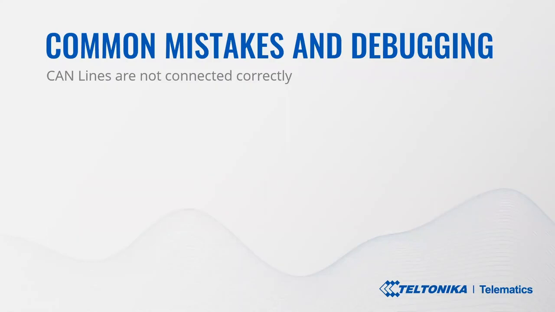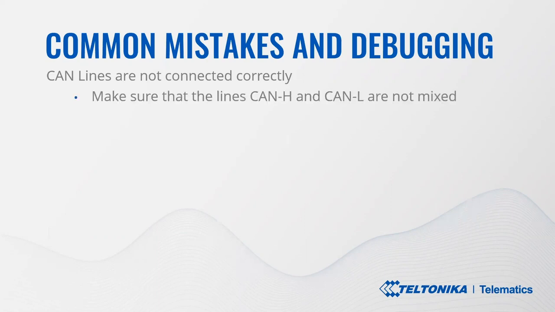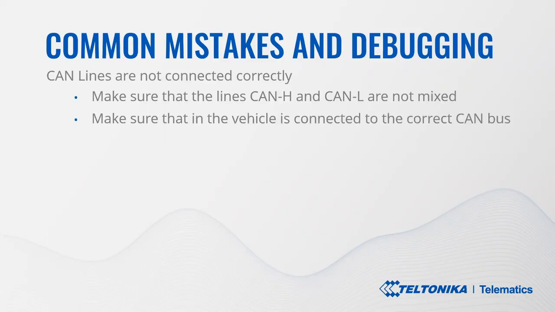The mistakes in regards of connection are usually related to mixing wires. So make sure that CAN-H and CAN-L wires are not mixed. Make sure that you follow the pinout. Also, make sure that you connect to correct CAN bus.